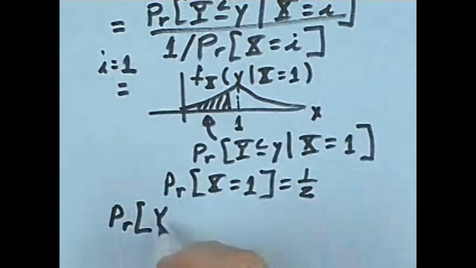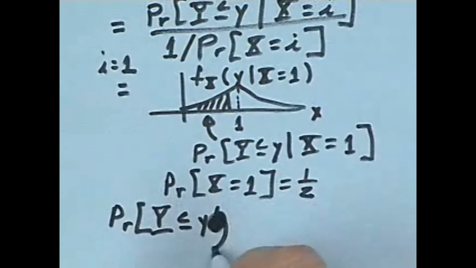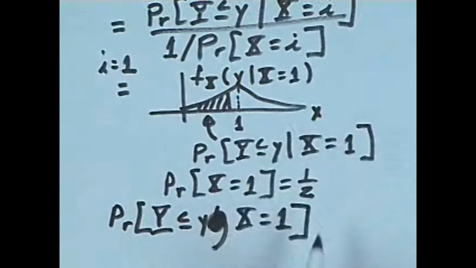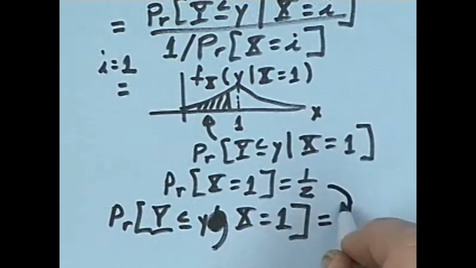Okay? So the probability that y is less than or equal to y, and x is equal to 1, is equal to the product of these two, this times this. And this, of course, is a half. So it's a half times whatever value we can compute up there.